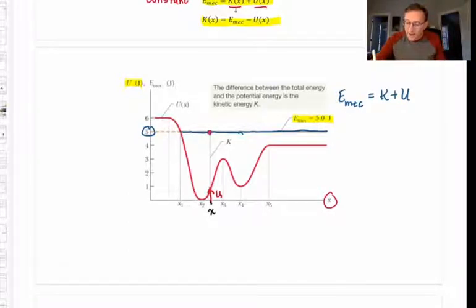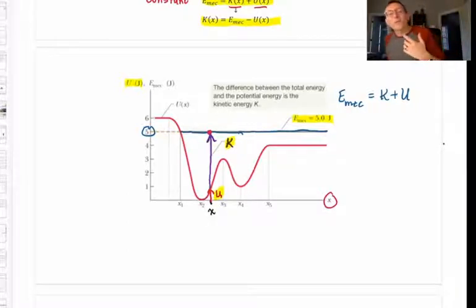So you just go straight up from the potential energy curve until you get to the mechanical energy line. And that part that I just drew in purple represents K, kinetic energy, because kinetic plus potential must equal 5 joules for any x. So the point is that you go up from the x-axis until you hit the potential energy curve, that's U, and then the rest of the distance you have to go up until you hit E mech, that's K.